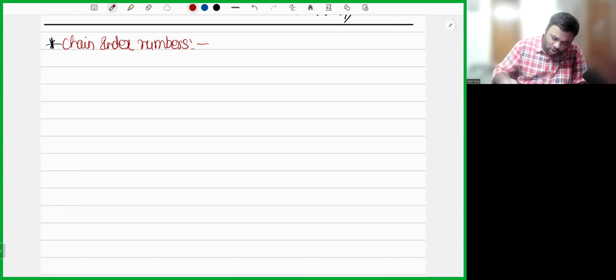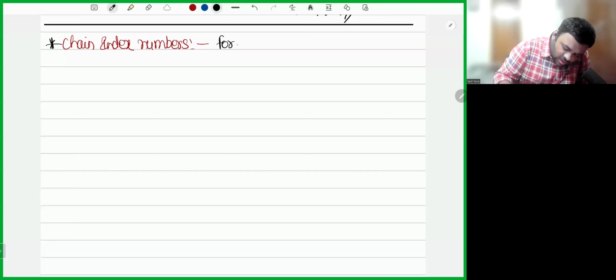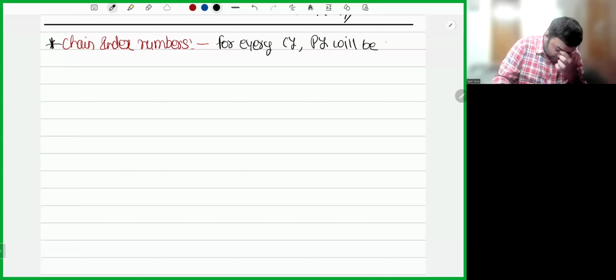And you have to remember this formula. In chain index number, for every current year, previous year will be base. Okay.